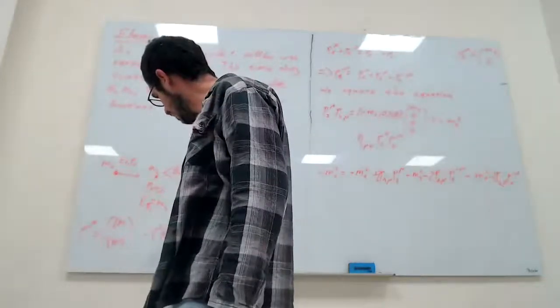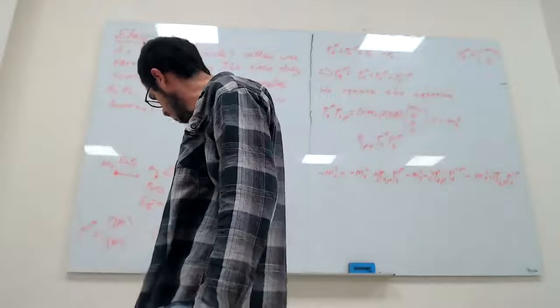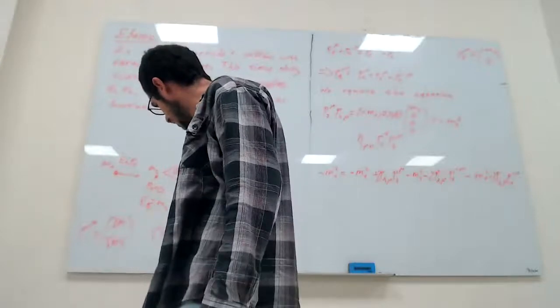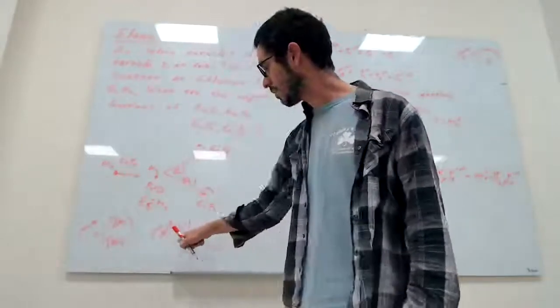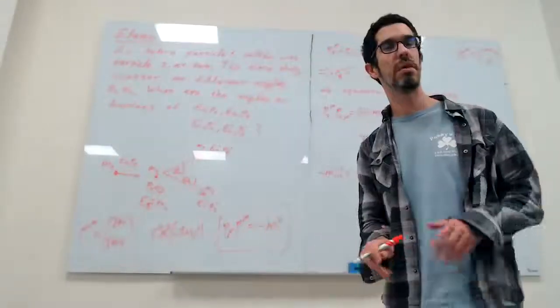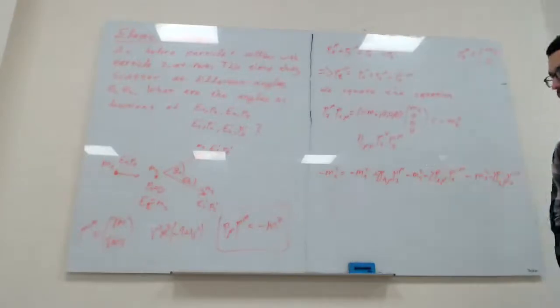We have gamma squared minus m squared, minus gamma squared m squared times minus 1 plus v squared, which is exactly minus m squared. So that always happens. Maybe we did not cover it last week.